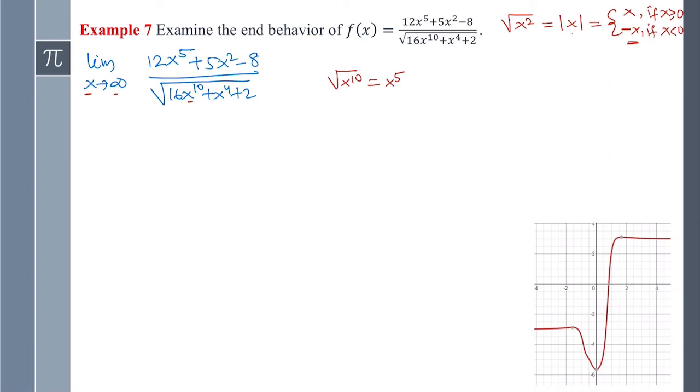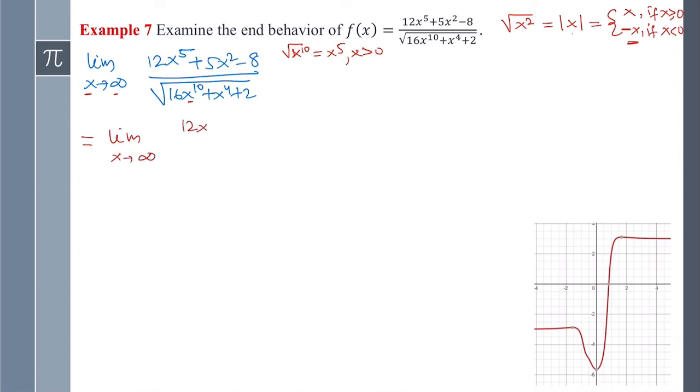Okay, so let's write it here. The square root of x to the 10th is x to the 5th in this case because x is positive, because x is greater than 0 here. So that means we are going to divide the numerator by x to the 5th.